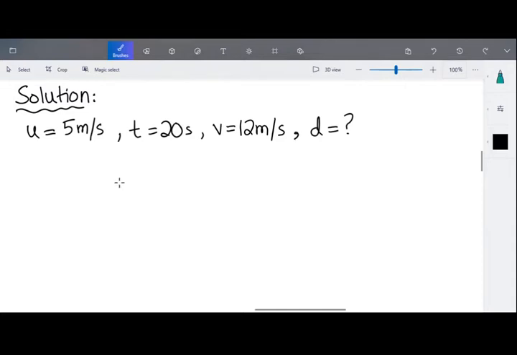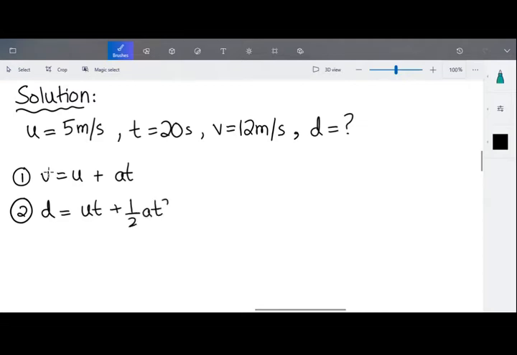So let's list down the equations from before. We had v equals u plus at. We had d equals ut plus half at squared, and we had 2 times a times d equals v squared minus u squared.